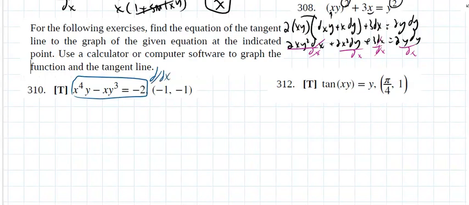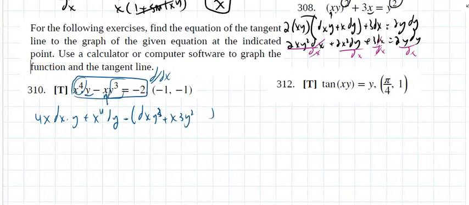So if I want to do this the long way, I'll say the product rule. Derivative of the first, bring the power down, subtract 1 from the power, dx times y, plus x to the fourth, derivative of y is dy, minus derivative of x is dx times y cubed, plus x times derivative of y cubed, bring the power down, subtract 1 from the power, dy, equal to 0.